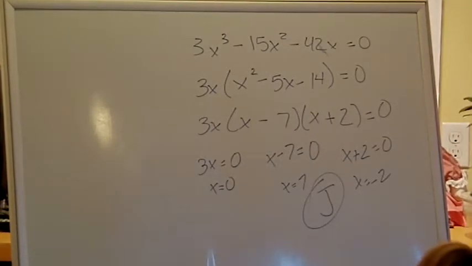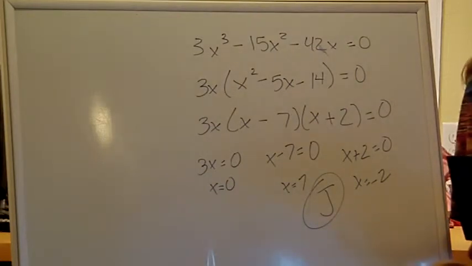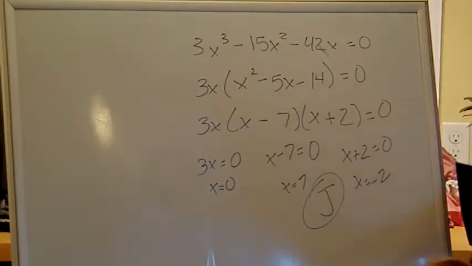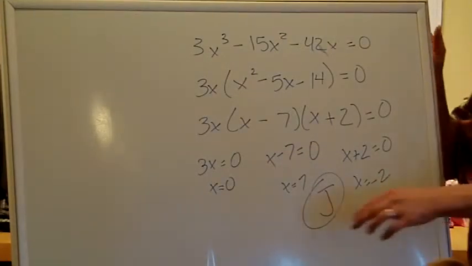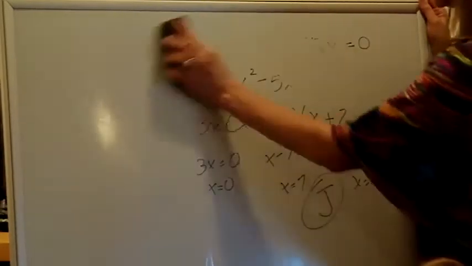I may not be going fast enough for some of y'all. Okay, the next one: determine the equation of a line that contains the points negative 2.5, 4, and 5, negative 2. My first instinct is just to write the equation. Do you feel good enough about writing the equation and going from there? If not, you can do what we call plug and chug: plug in those values and see if they work for the equation.